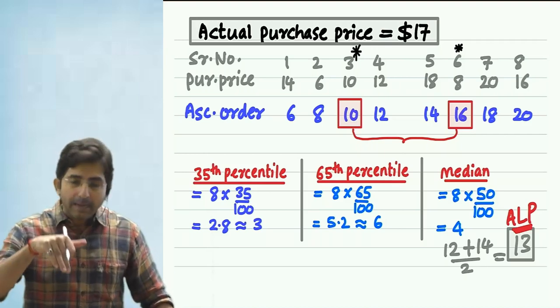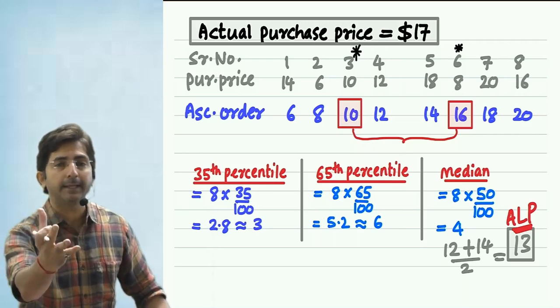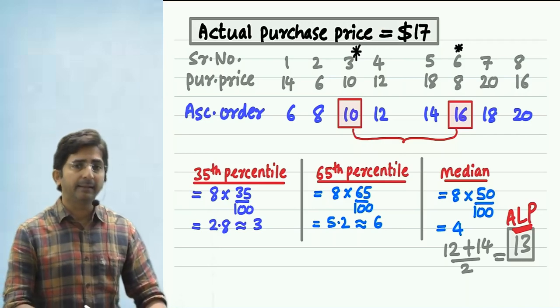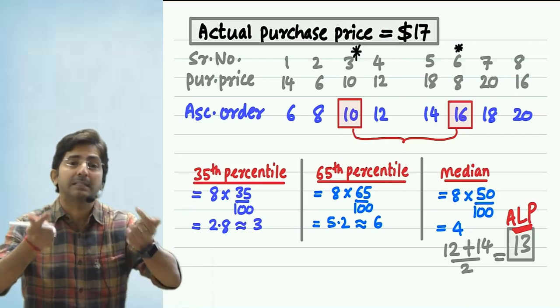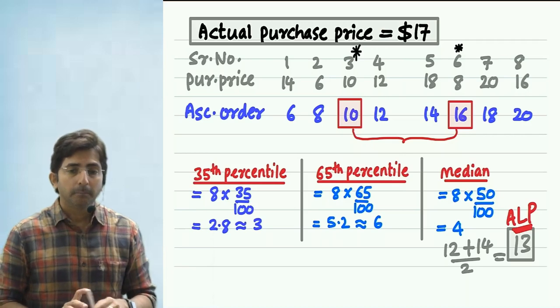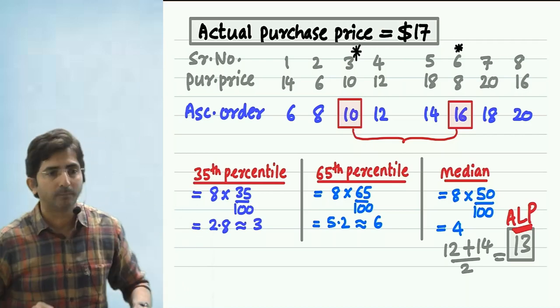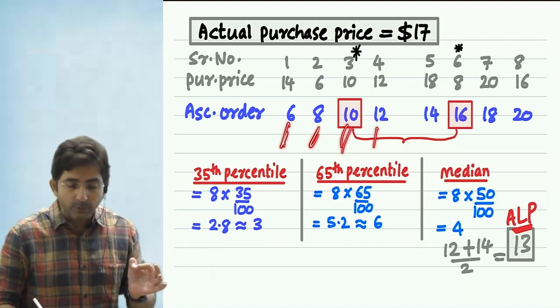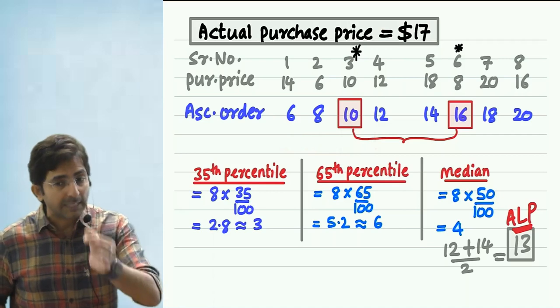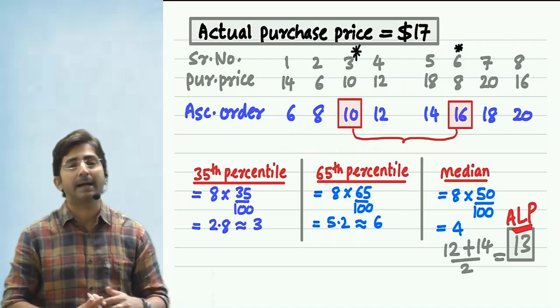But in my example, position-wise the answer is 13, and in terms of value, in terms of mean, also the answer came to 13. Why? Because between each position coincidentally the difference was 2. That's why the mean and median are the same. But it's not always like that.